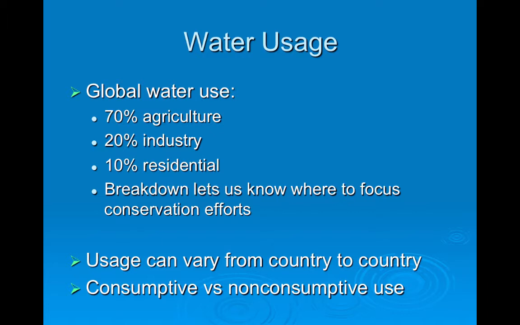The next largest category is industry at 20%. It's probably surprising to most people that residential use, which is us, it's also labeled municipal use, and municipal means just a city. So just individual use is only about 10%. This breakdown lets us know where to focus conservation efforts.